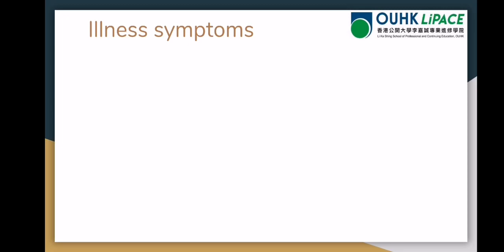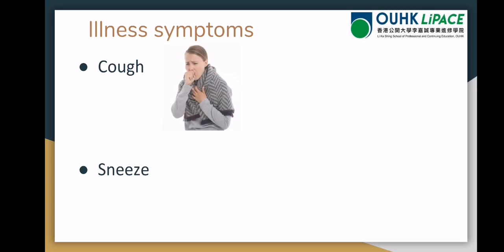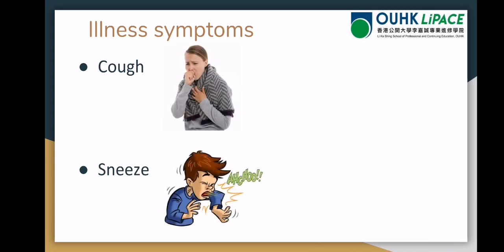And then next we're going to talk about some illness symptoms. So you remember these are the specific things that show that you have an illness. The very first one here is cough and then sneeze. So cough, it's like this, and then sneeze like this. Cough like that, sneeze is achoo.